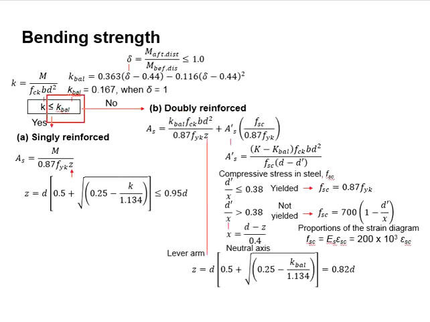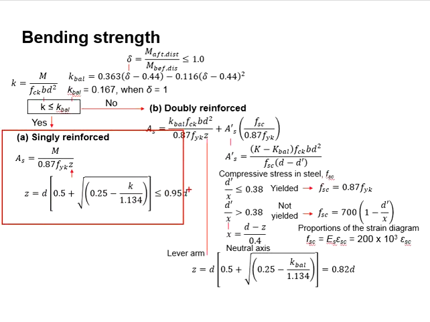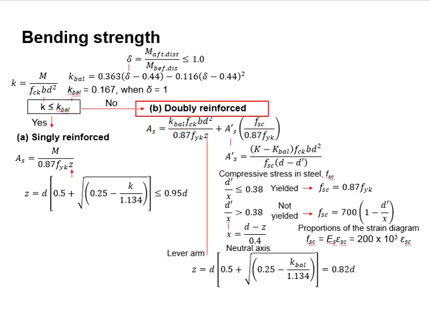Now, having the K balance to control whether you are using a singly or doubly reinforced member, you know that singly reinforced members will always be under reinforced, and a doubly reinforced member has the risk of being over reinforced. Now you need additional reinforcement bar, which is the compression steel bar, in order to strengthen what is able to be resisted by the concrete.